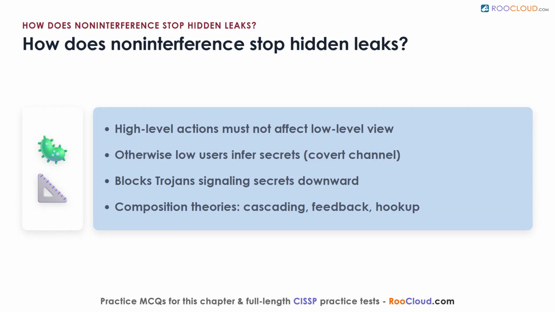By forbidding that interference, the model also blocks a class of malicious programs, like a Trojan horse trying to signal secrets downward. On a related note, composition theories describe how systems chain together, whether one feeds the next, they feed each other back and forth, or one also leaks its input to an outside party. Think of soundproofing between floors, so the meeting upstairs never leaks a word to the lobby below.